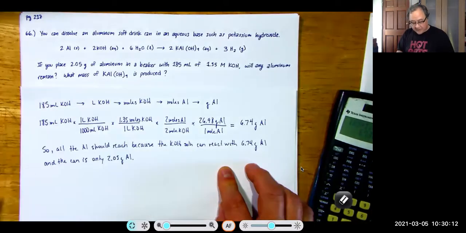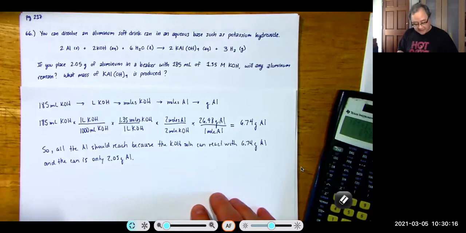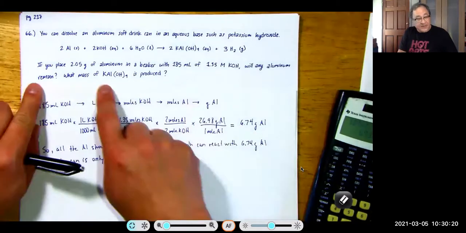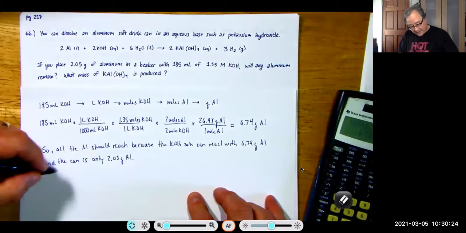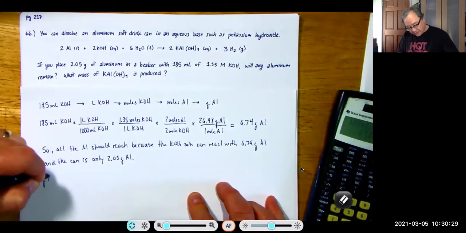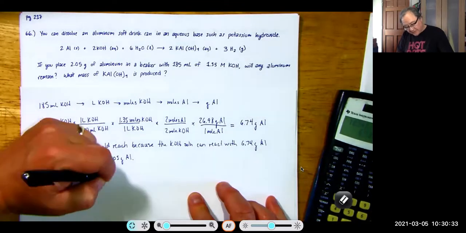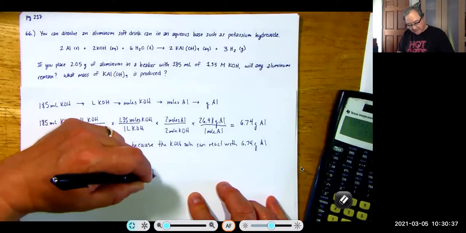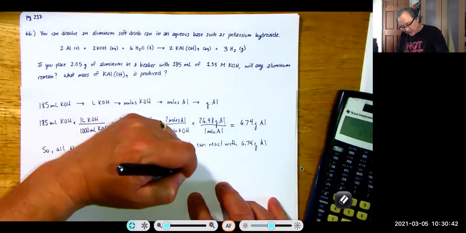All right, so we figured out which one is the limiting reactant. The aluminum is the limiting reactant. So we need to figure out what mass of potassium aluminum hydroxide is produced. For that, we're going to take the grams of aluminum, turn that into moles of aluminum, turn that into moles of potassium aluminum hydroxide, and then turn that into grams of potassium aluminum hydroxide.